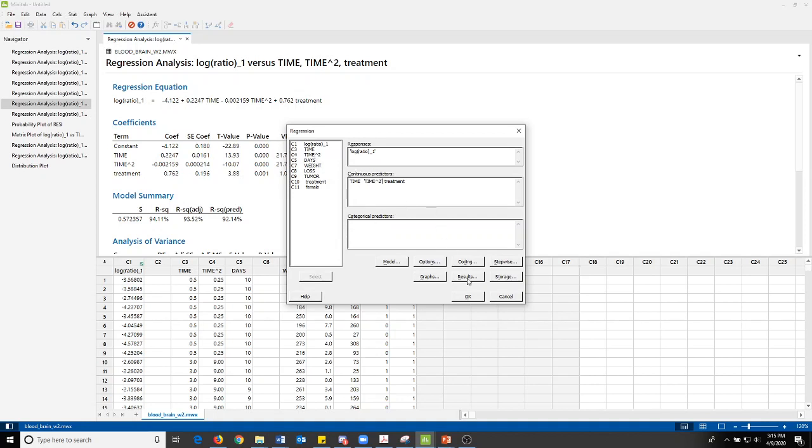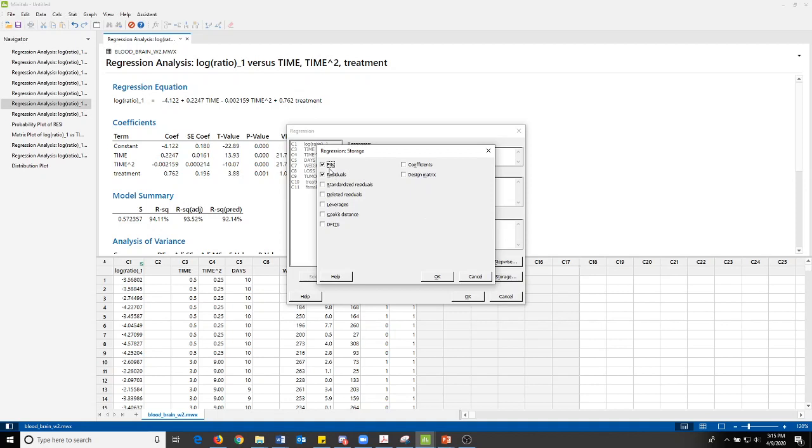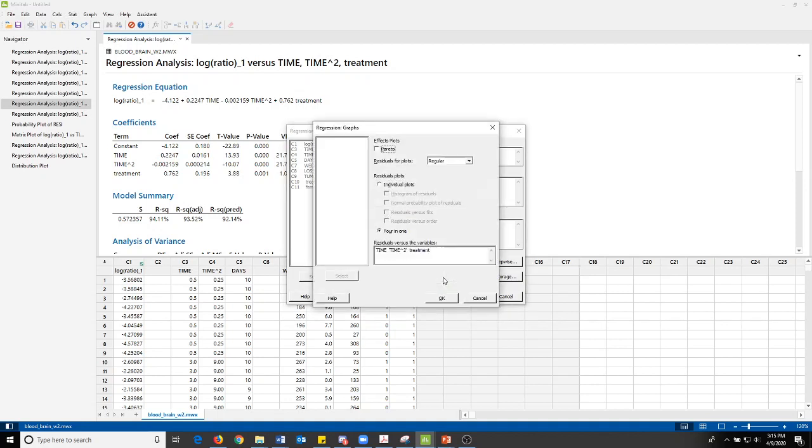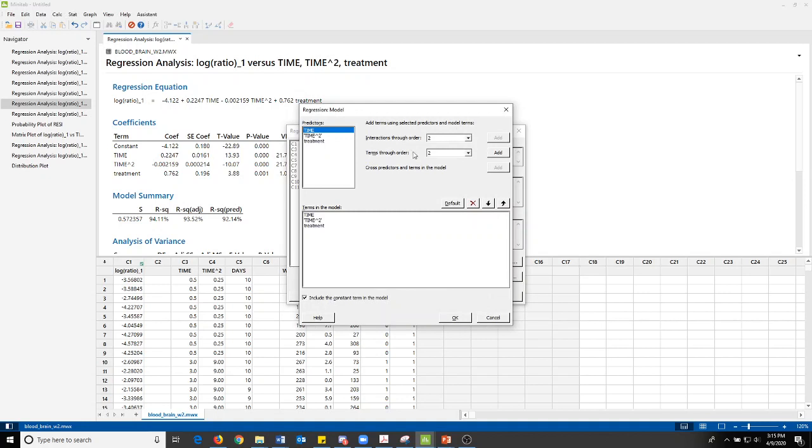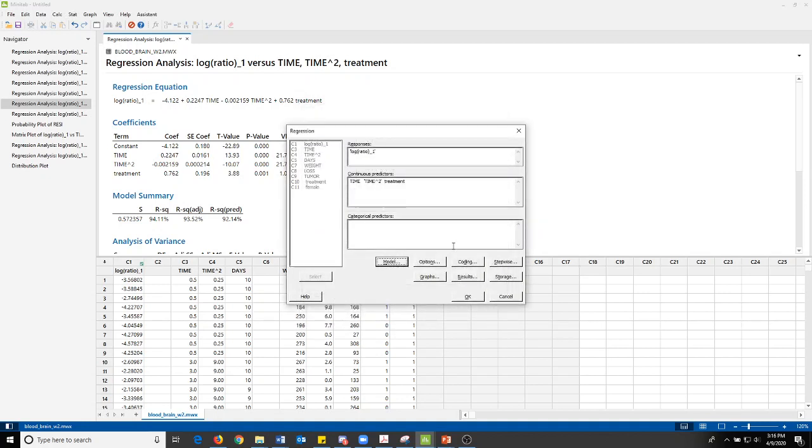I want to make sure that I get my fits and my residuals, because I need to work with those. And I want the graphs here, and my model's okay.